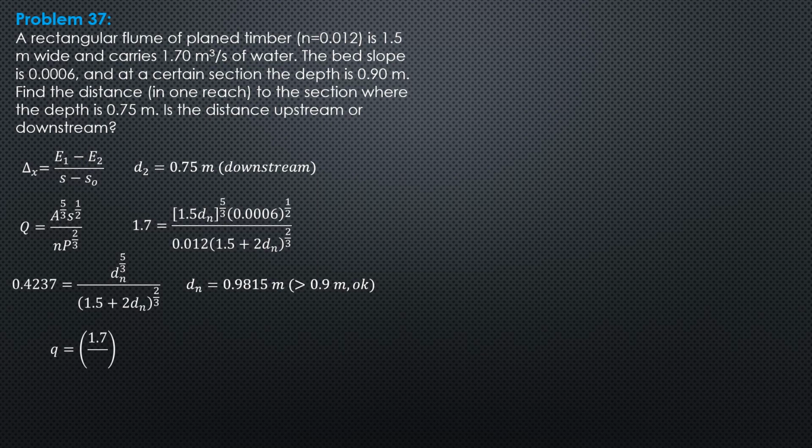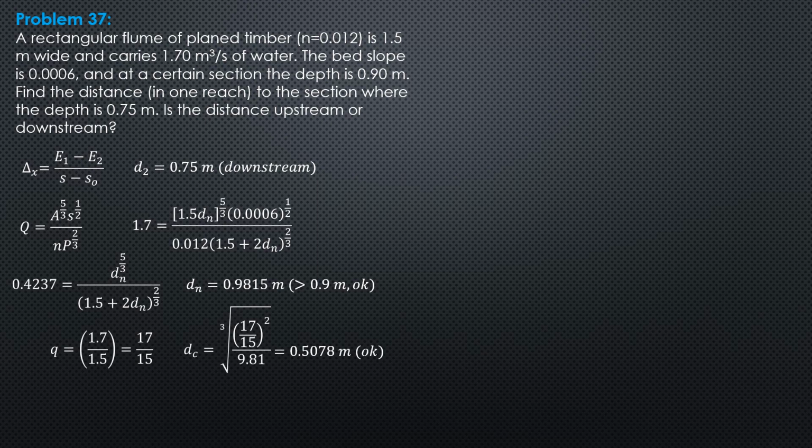Next, the critical depth. Small q is capital Q over width 1.5, so 1.7 over 1.5. Then the critical depth is the cube root of (1.7 over 1.5) squared over 9.81. So the critical depth is 0.5078 meters, which is also below 0.75. So the normal depth and the critical depth do not cross this range of depths.